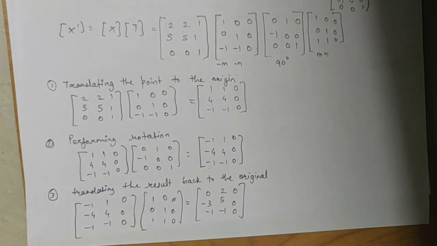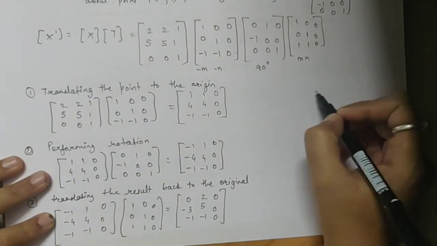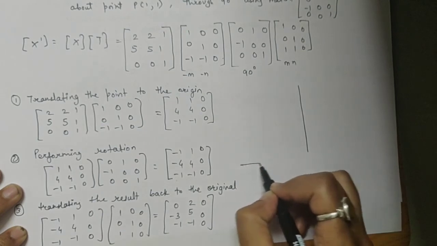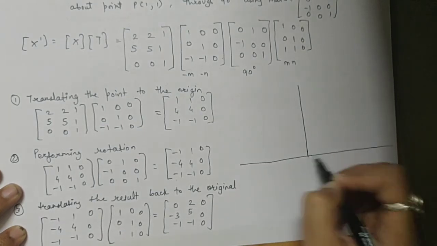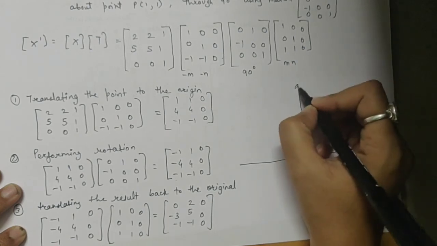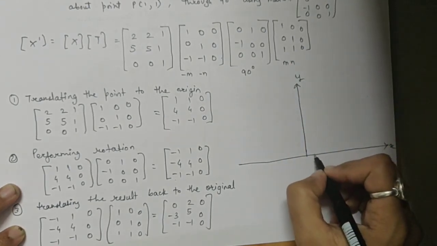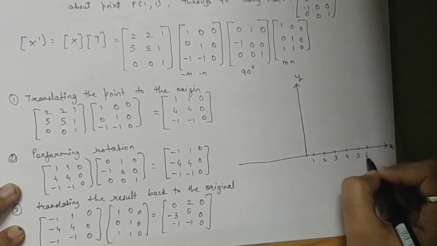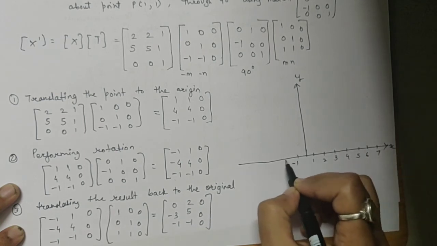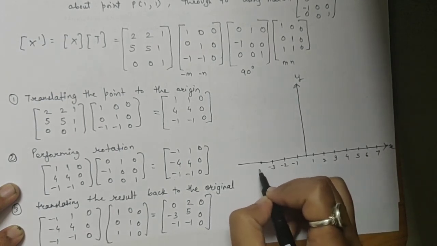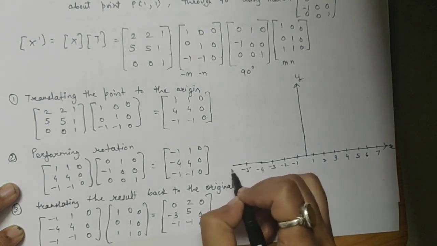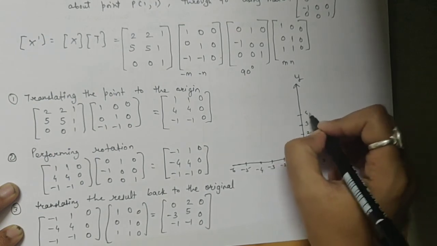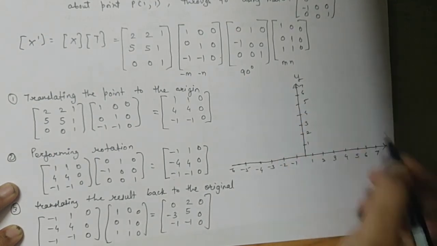Now let's plot the graph for this. Suppose this is my x-axis and this is my y-axis, with values 1 to 7 and minus 1 to minus 6.